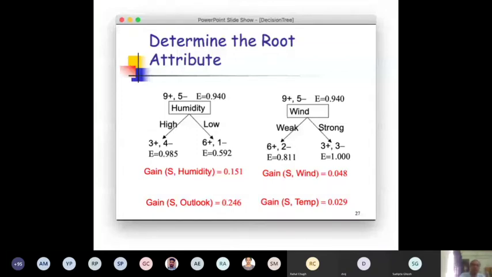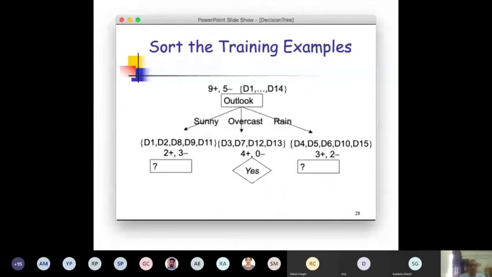Okay. So if I select Outlook at the parent node, which incidentally is the root node, because this was the starting point, now I have to propagate my sample set into 3 branches, because Outlook has 3 attribute values: sunny, overcast, rain. It has partitioned the training examples into 3 sets given the Outlook value.